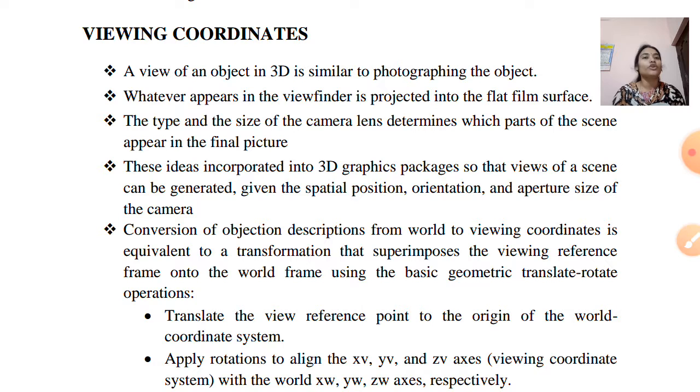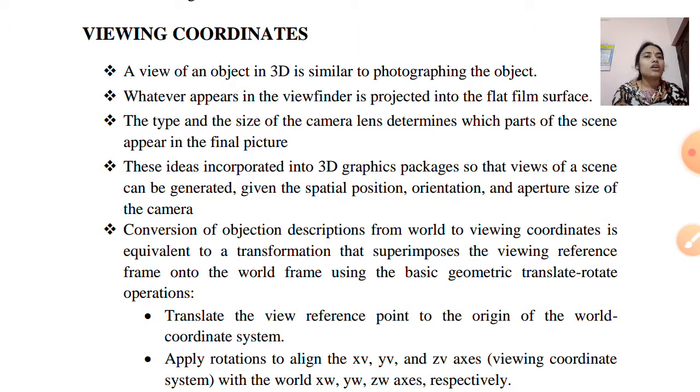Position means from which point of view we capture the image: from the top or from the bottom, from the left side or the right side, in front or behind, all these directions. Orientation means in which way we hold the camera. And aperture size means the camera lens covers a certain distance. In this way we can capture the image, photographing the object.